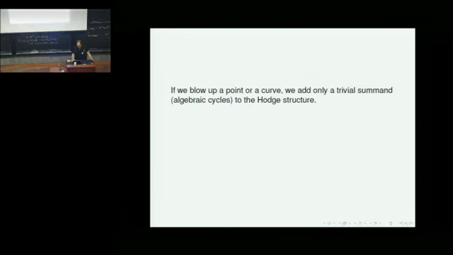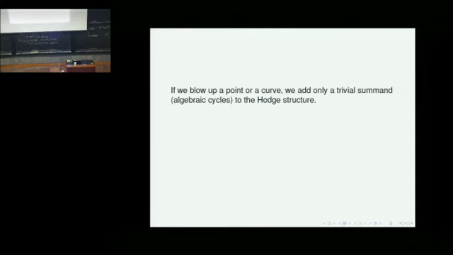When we blow up a point or a curve, we add only, so to speak, trivial summands to the Hodge structure. We blow up a point, for example, right? We introduce a new algebraic cohomology class, namely the class of a P2 living in the exceptional divisor. And the new cohomology, the cohomology of the blowup, in degree 4, is just the direct sum of the old with this one extra class.